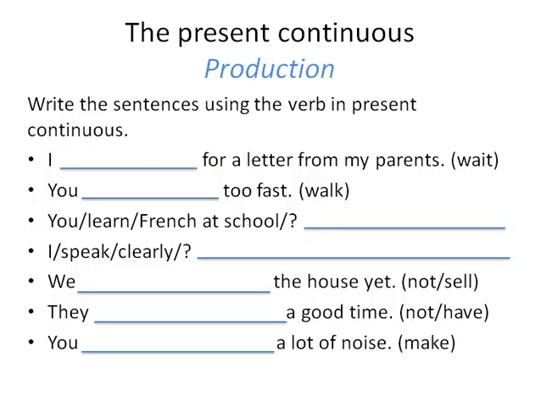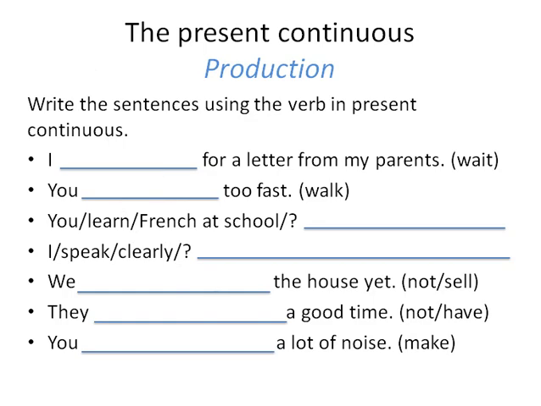We have this questionnaire, it's part of the production stage, where we are going to write the sentences using the verb in present continuous. You can use your flashcards as guides, as models, in order to give form to these different exercises. This is the first one, the first questionnaire.